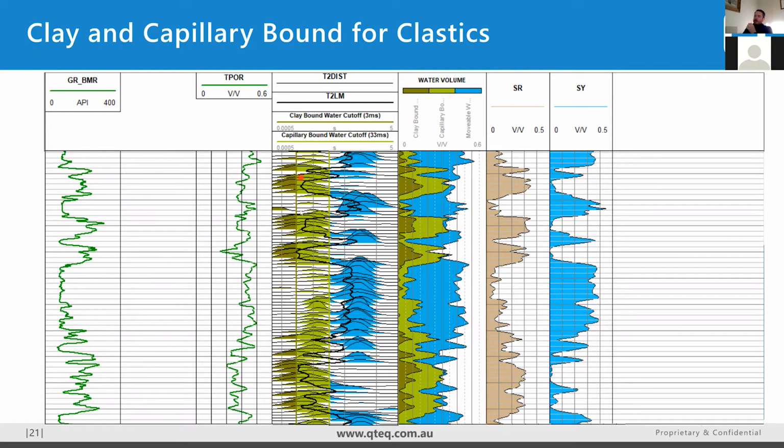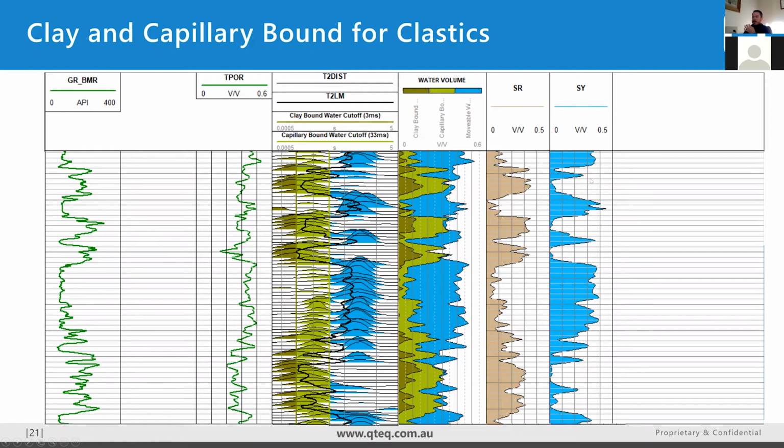So now if we put our third cutoff in, we start seeing a volume of clay-bound water, a volume of capillary-bound water, and then our volume of movable water. In a nice simple concept, we merge clay-bound and capillary-bound to give us our specific retention in this track here, and our movable water remains the same.